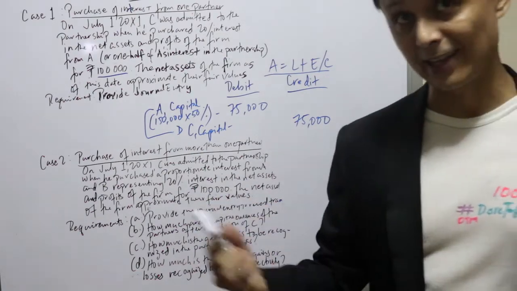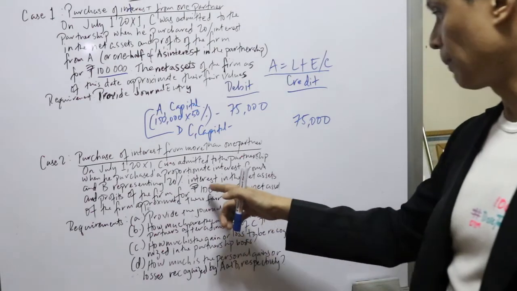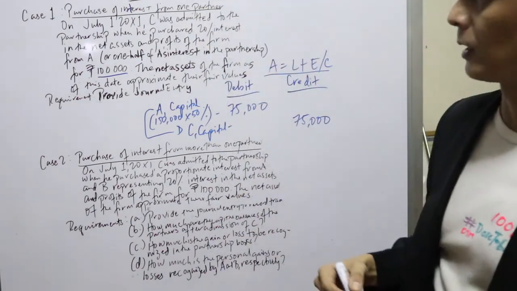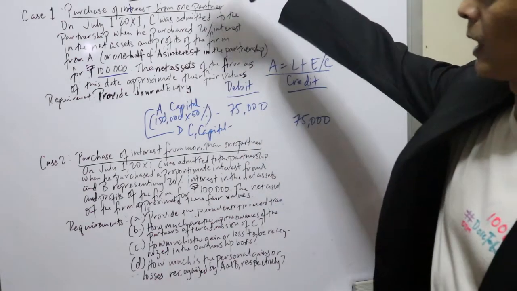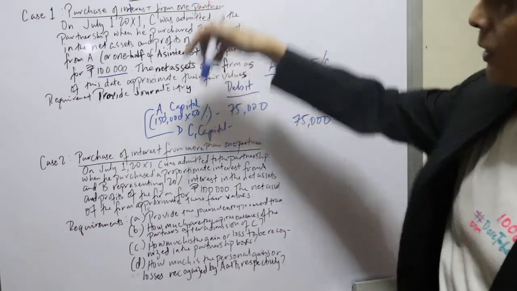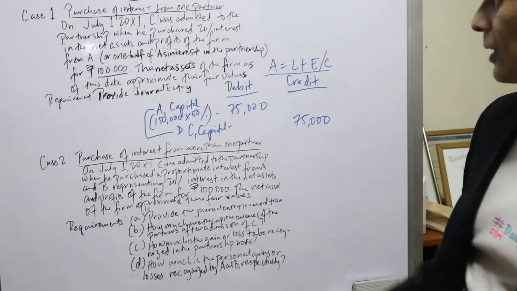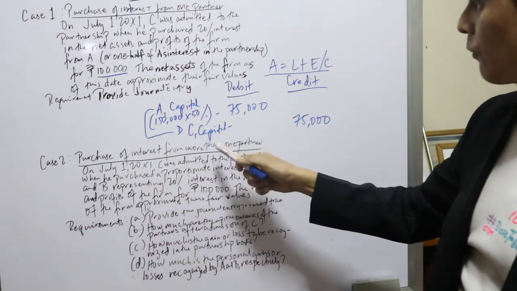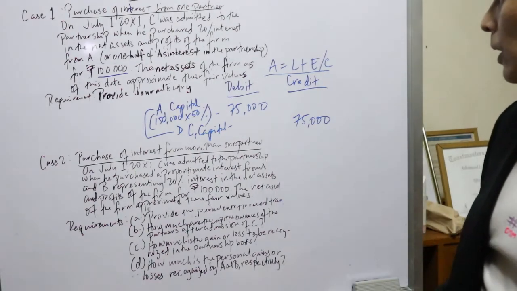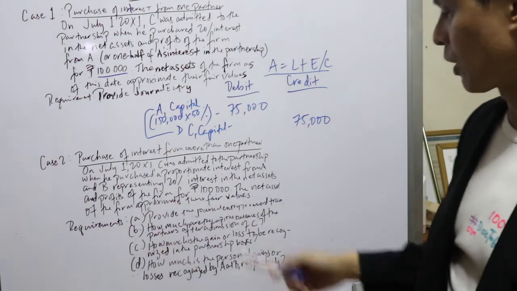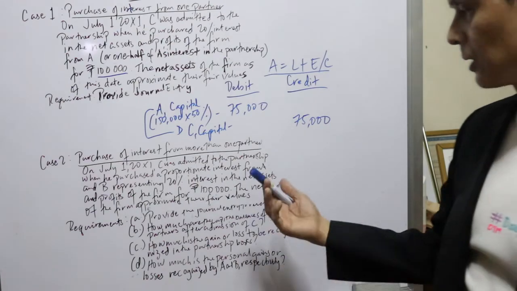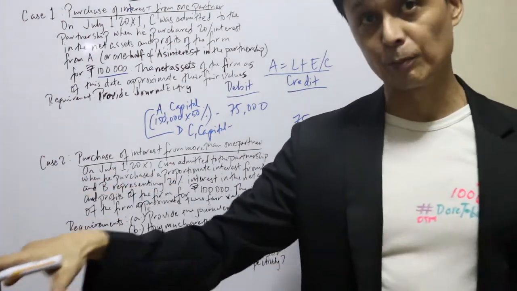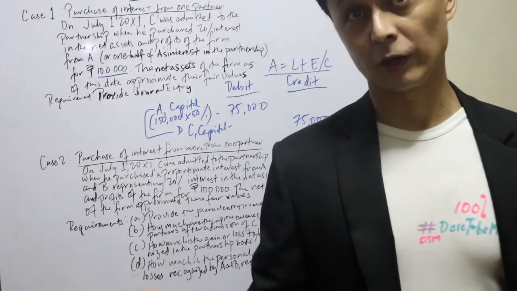Incidentally, we are still using the data from number 1. The case is different because this time the incoming partner is purchasing from more than one partner. The net assets of the firm approximated their fair value.